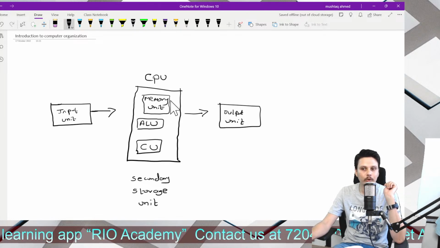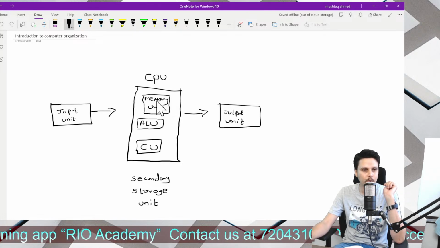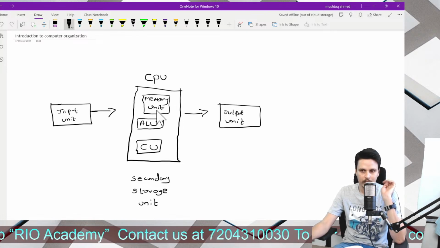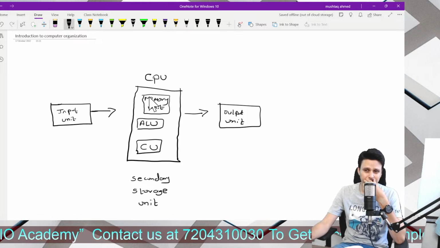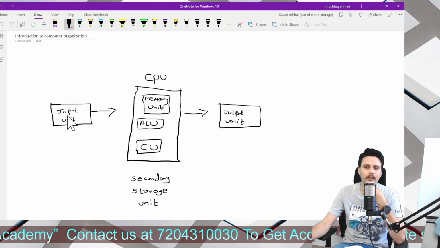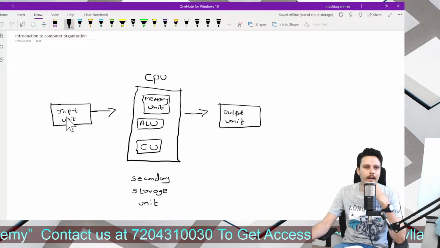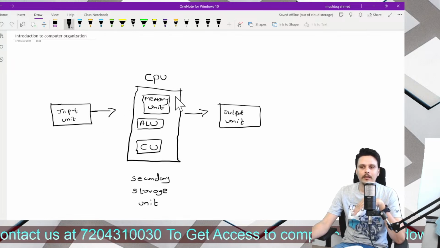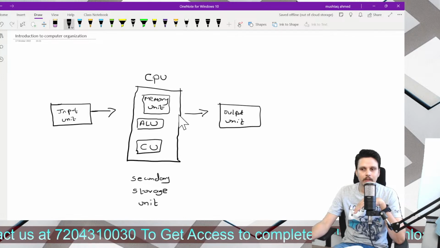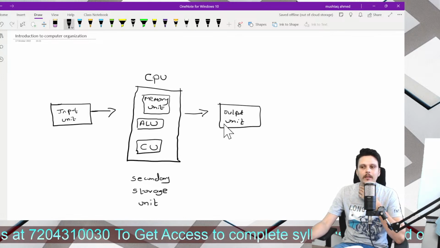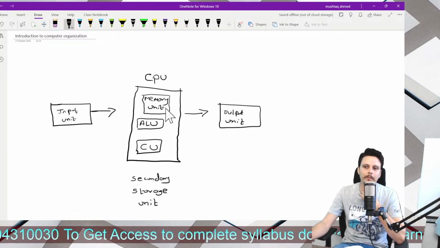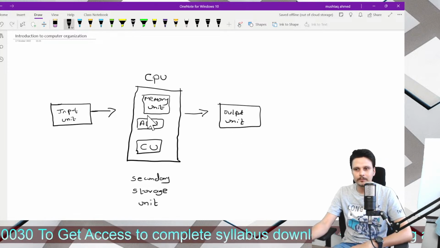This memory unit is used to store the data. Once I complete typing the notes, and if I want them displayed on the monitor, the stored notes will be sent to the output unit, that is the monitor. So the notes will be displayed on the monitor.